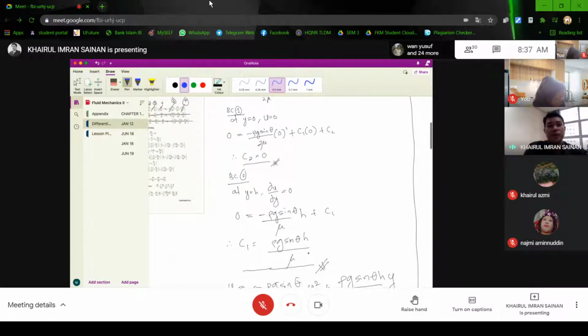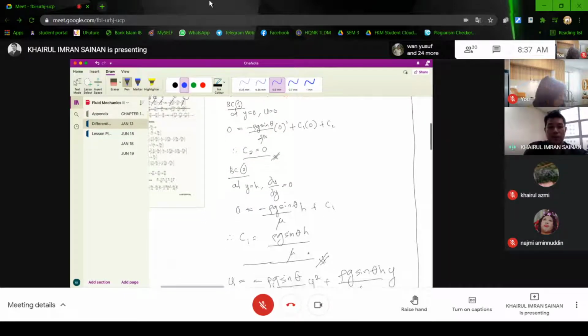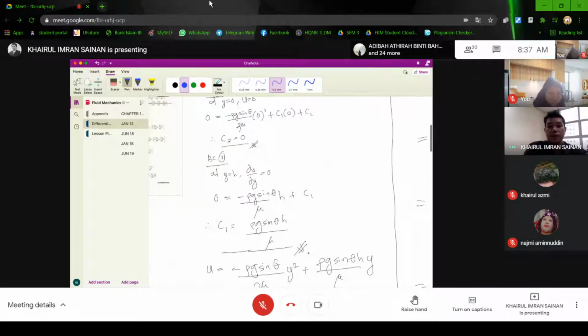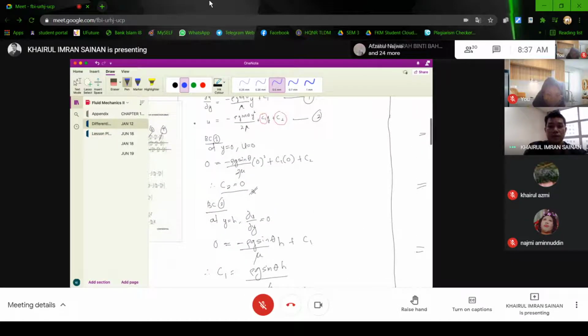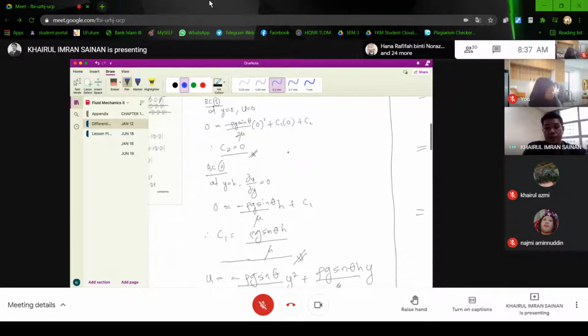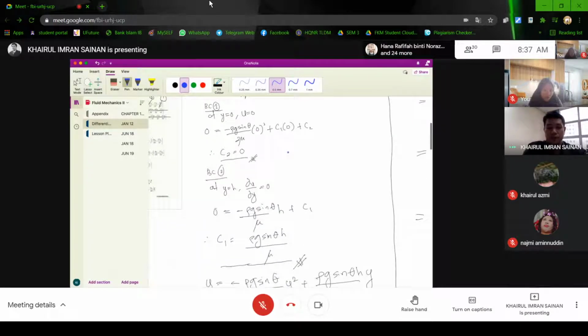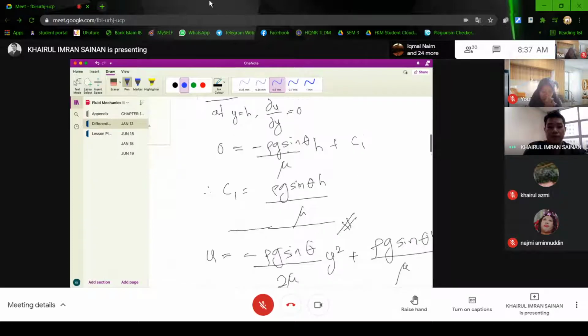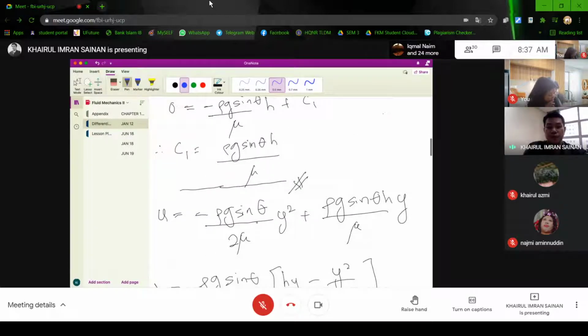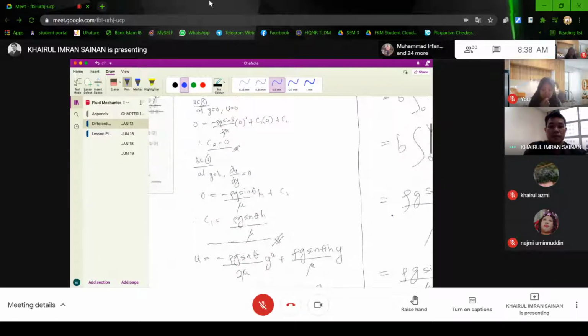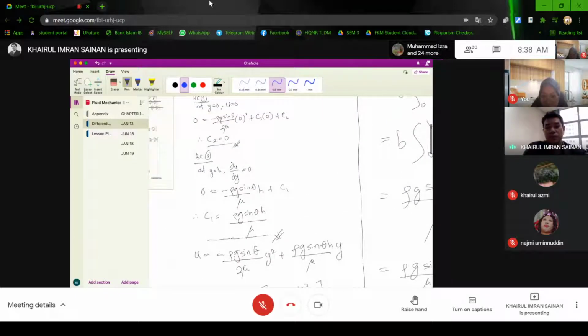Now we know the values of all the unknowns, so we apply them back to the velocity equation. Just replace them into this equation. So u equals negative rho g sine theta divided by 2 mu times y squared, plus rho g sine theta h divided by mu times y. C2 is 0.